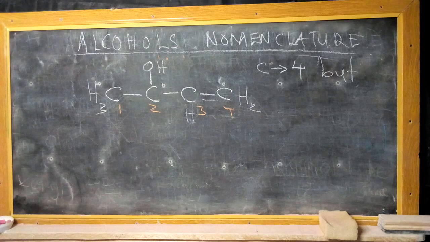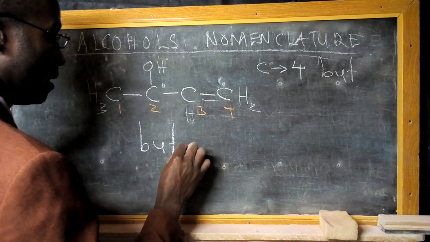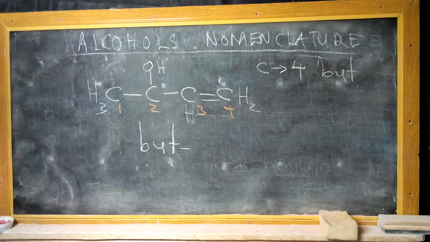So writing for that particular case, we don't have a substituent. So we shall have the parent name but. It's an alkene, an alcohol, which is a four-member.